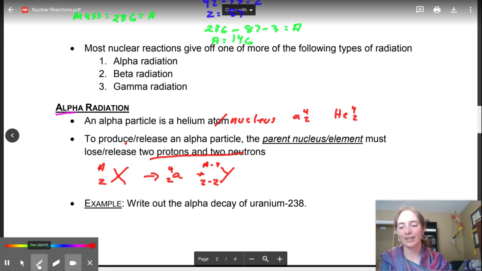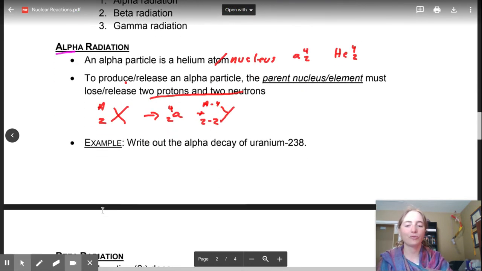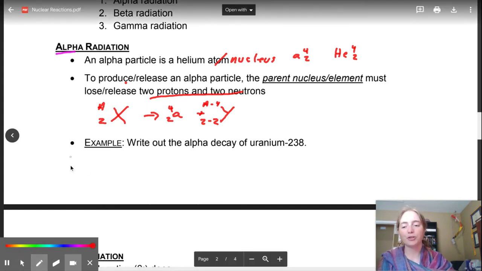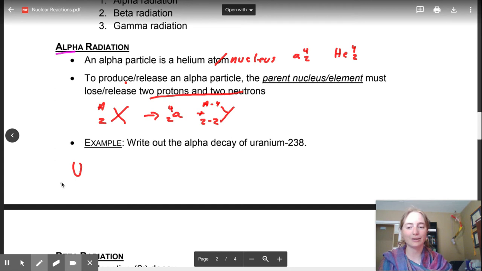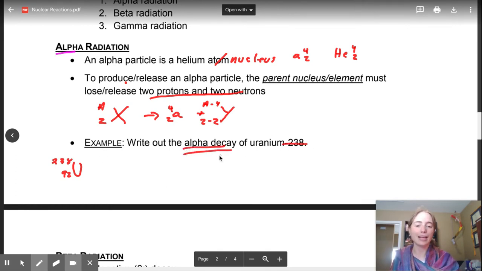So when you see a question like this, write out the equation for the alpha decay of uranium-238, pull out your periodic table. You'll see that the atomic number for uranium is 92, and the 238 is the mass number, which is given to you. Alpha decay means this atom is going to start breaking down and flinging off alpha particles.